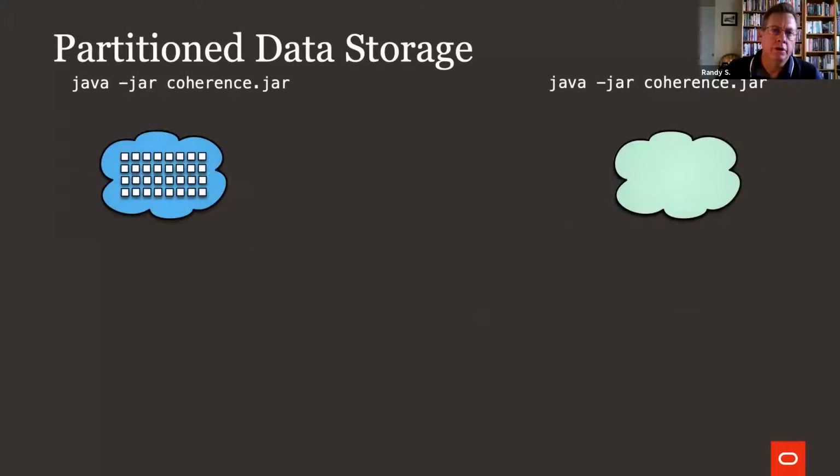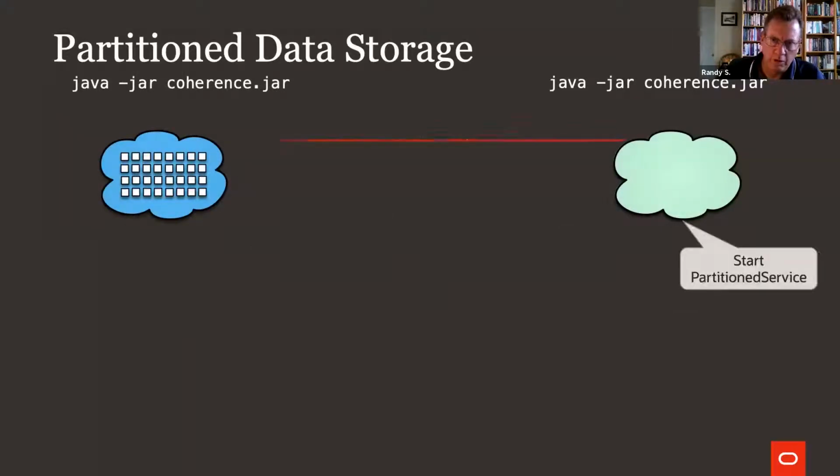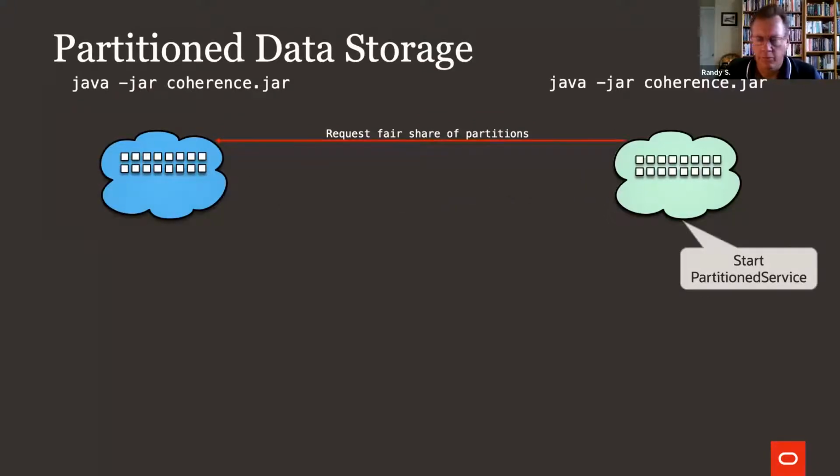Now, on the data storage part, when a member joins a cluster, it starts a number of clustered services, we call them, one of which is the partitioned service, whose job is to manage partitions of data. So when a member joins, it requests a share of partitions from the senior.